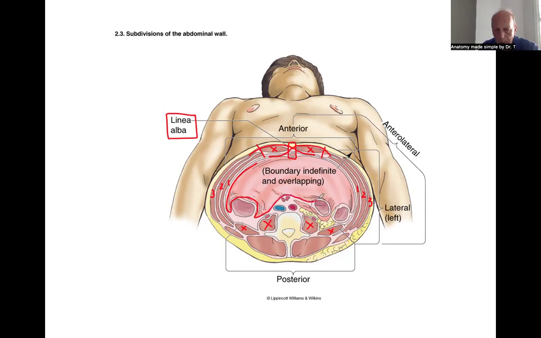I'm outlining the layer which is called peritoneum, a serous membrane that is lining the walls of the abdominal cavity, and also it covers the surface of certain abdominal organs, but not all of them.